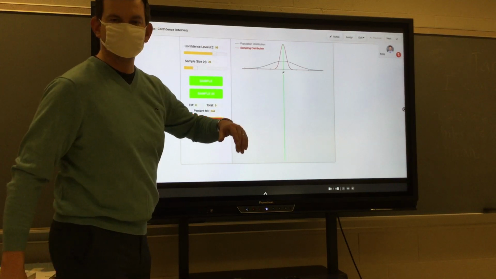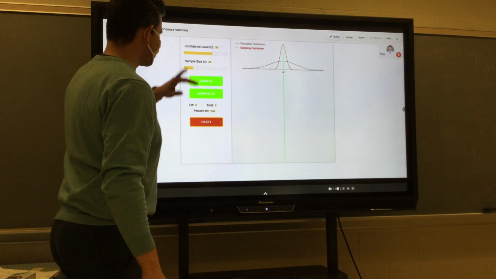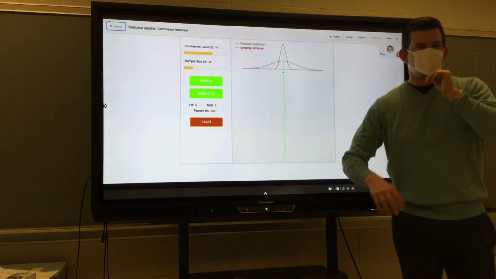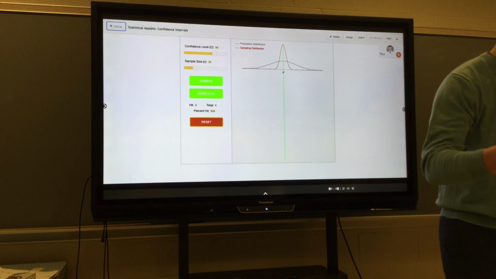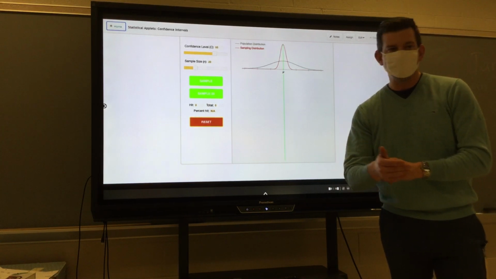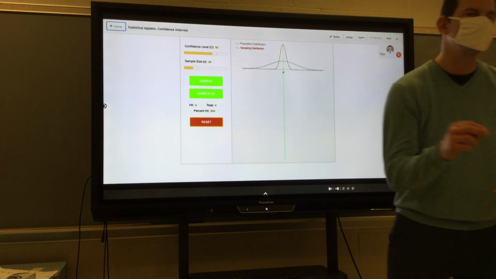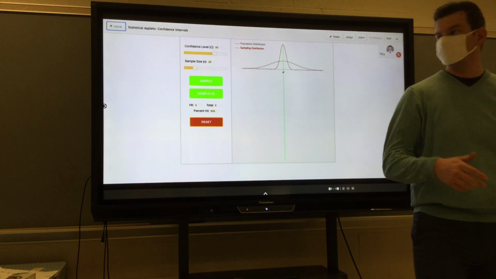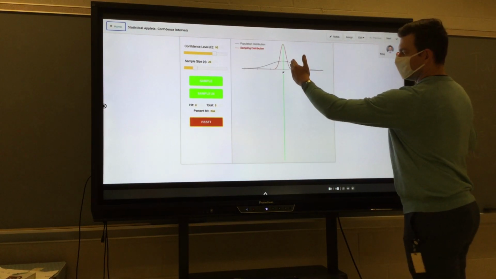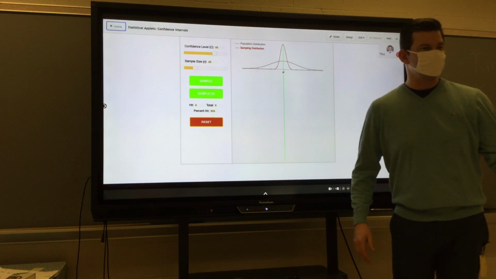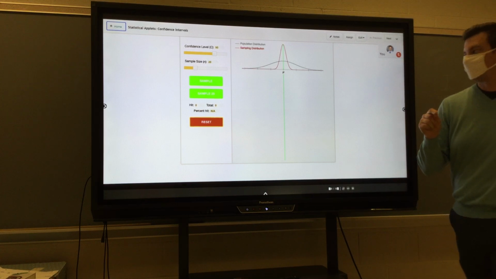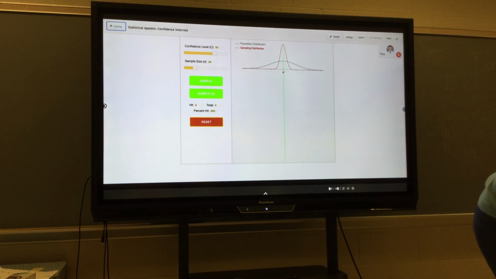We'll just leave it at the default of 20. Now, what this is going to simulate is taking a sample after a sample after a sample and seeing how that sample's mean relates to the population's mean. Okay? This green line is the center of both of these curves. It's the population's true mean. So let's take one sample.